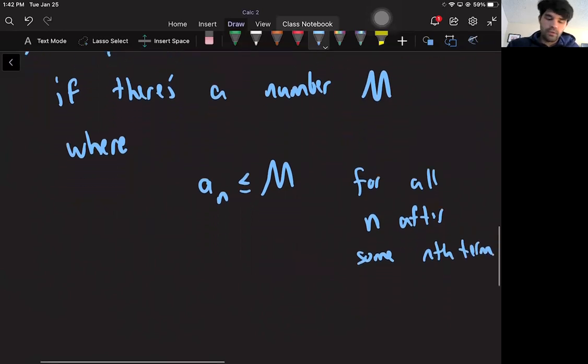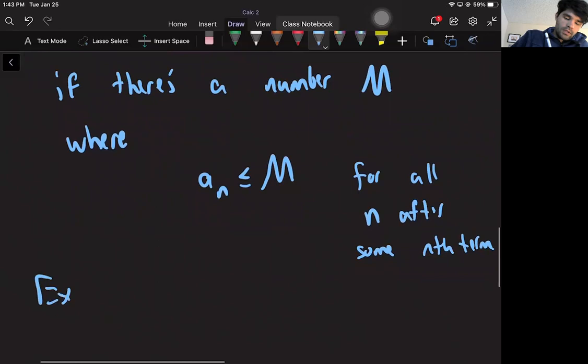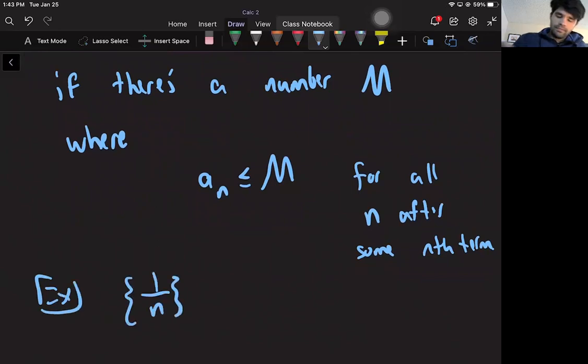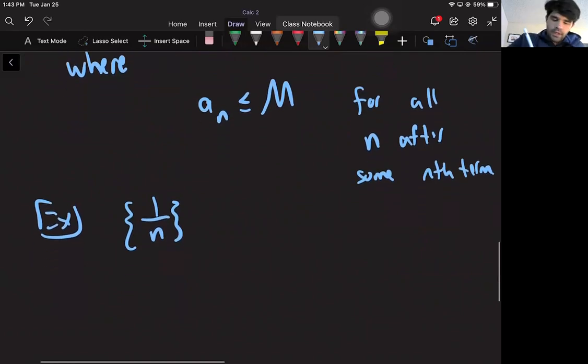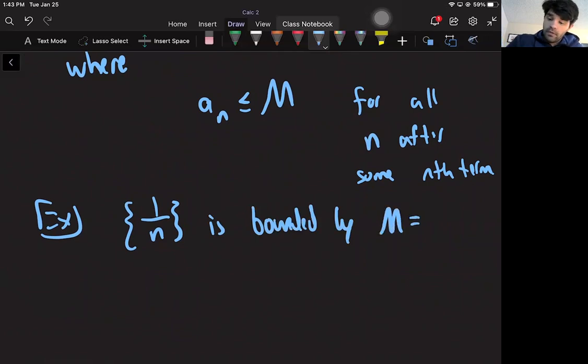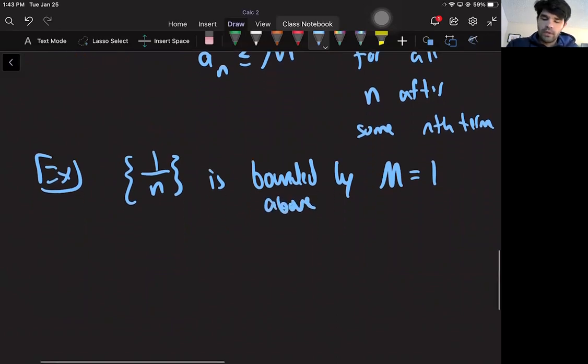Okay, so for example, it's just a lot easier to work with examples. So here's a specific sequence, 1 over n. This is bounded by a lot of stuff, but one specific number that bounds it above is just the number 1.